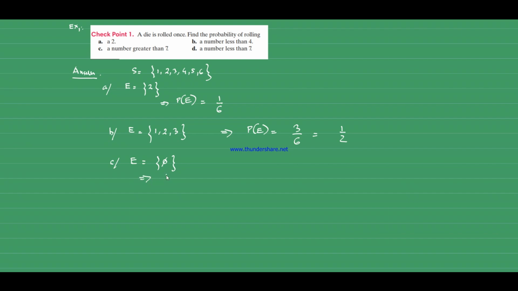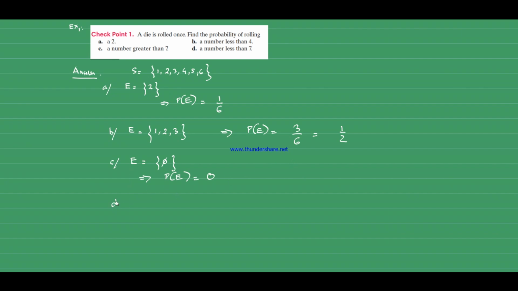So the probability of getting a number greater than 6 will be 0, right? Because there's no number greater than 7 in the dice.